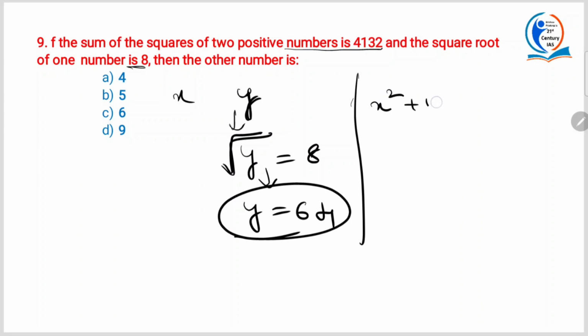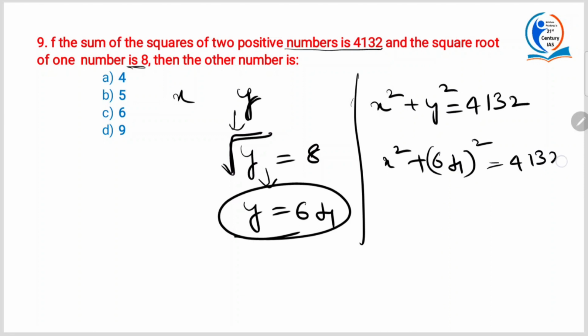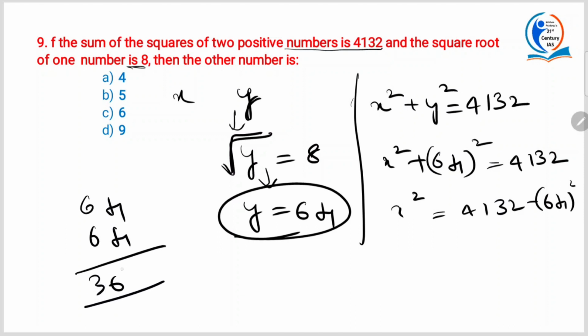x square plus y square is what? 4132. Now x square plus what is y? 64 square is equal to 4132. Now x square is equal to 4132 minus 64 square. Now what is 64 square? 6 6s are 36. 4 4s are 16. 6 4s are 24 plus 24 is 48.